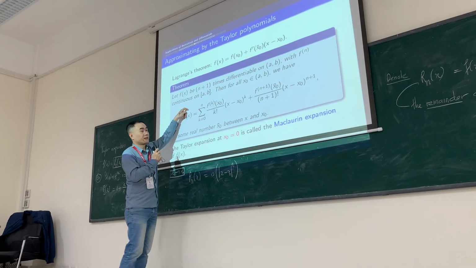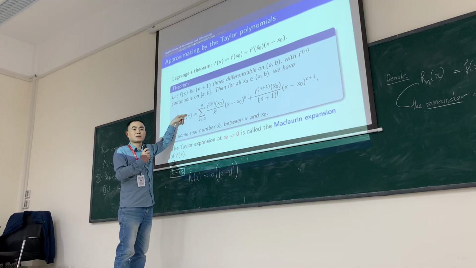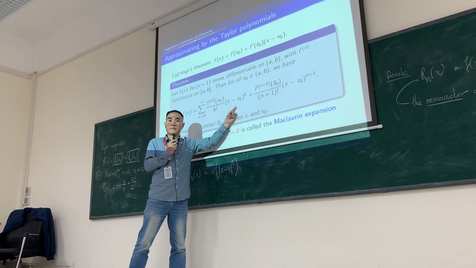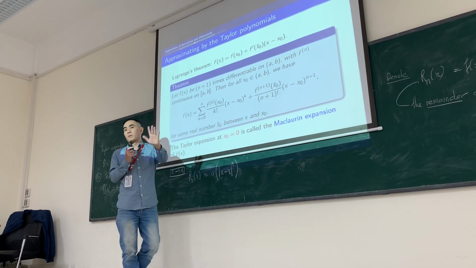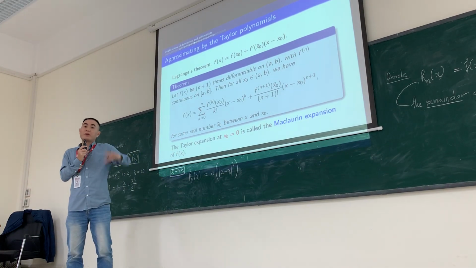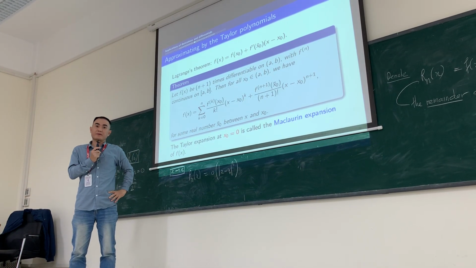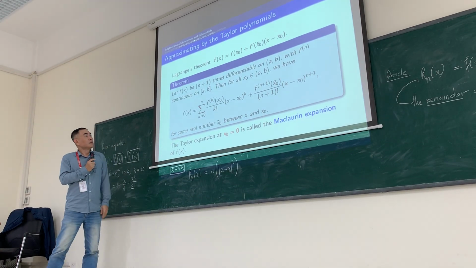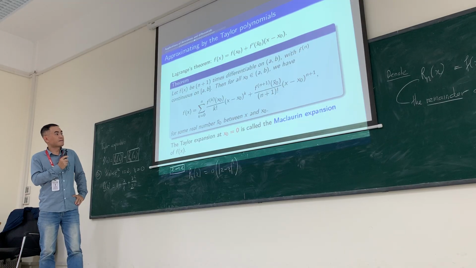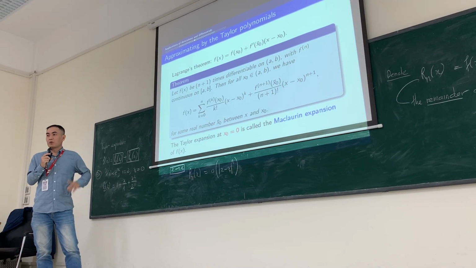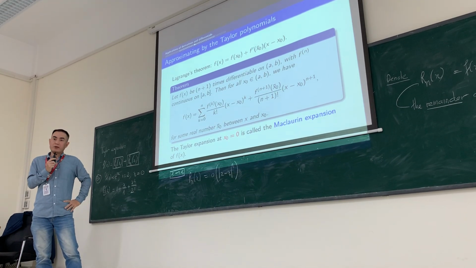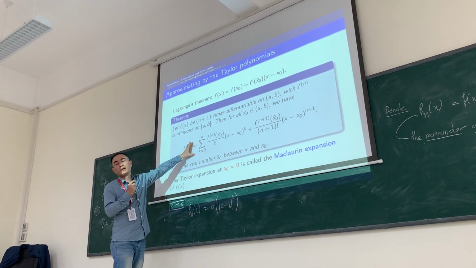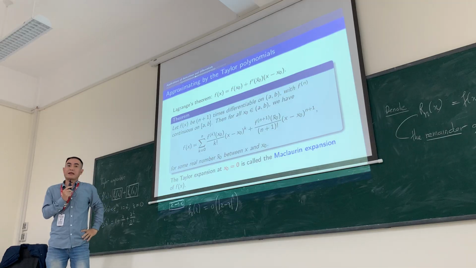So we have the function f(x) approximated by the Taylor polynomial. Does that mean we can approximate the function f by a polynomial? Okay? We can use Taylor expansion to approximate the function by a polynomial. Of course, we can apply the formula here to find the limit of the function f over g.